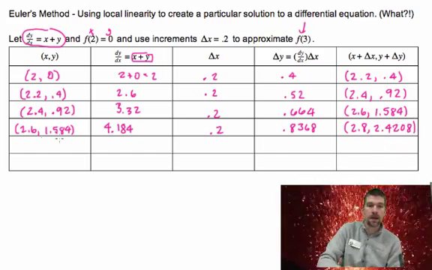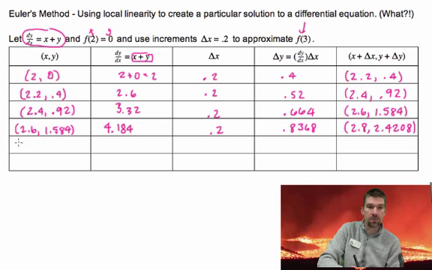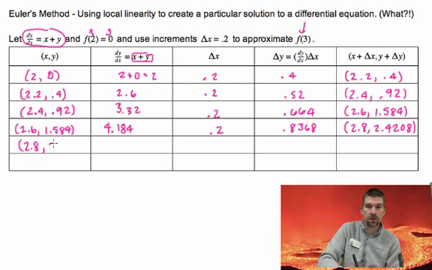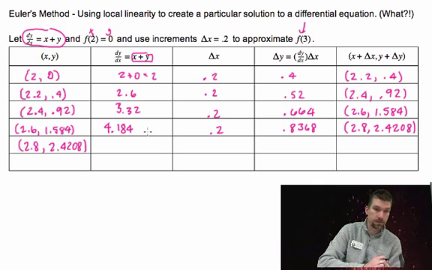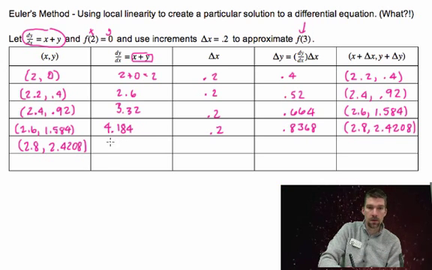All right. And then come back over here, and this should be the last row. So 2.8 and 2.4208. Add those together, that's 5.2208.